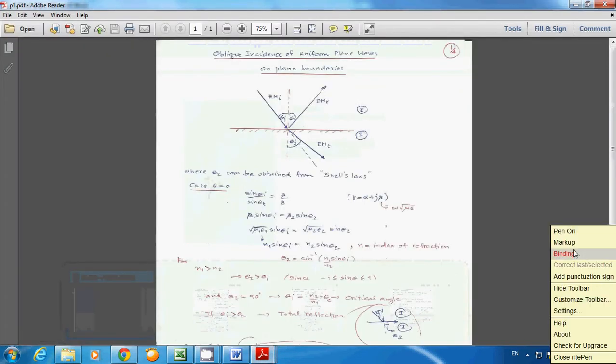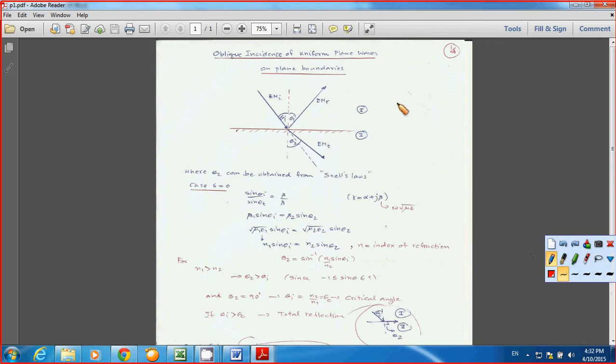What I have here looks much better in the diagram. When I have media number 1 and media number 2, the red line represents the boundary of the two media.